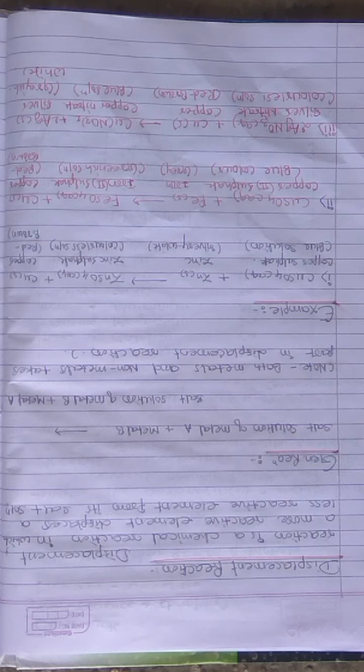If the element has more reactivity, then this element is going to displace the less reactive element. And I hope that we saw three examples, and there are many more examples. You just go through your textbook once. If you have any doubt, you can mail me.